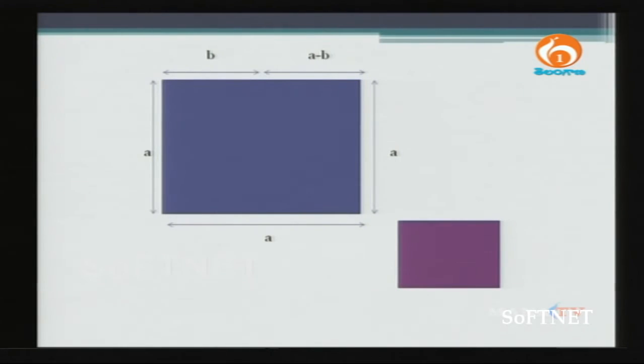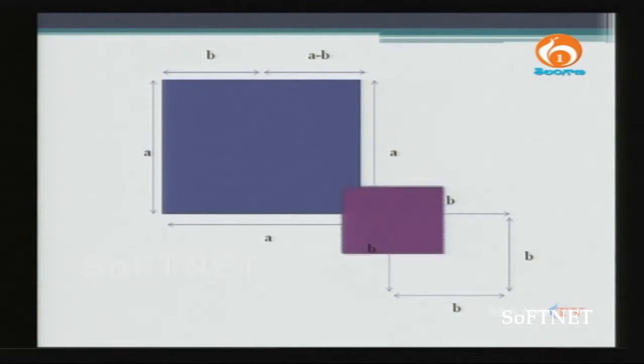But I am using this concept, that is I am putting this square, which has b square units area, at one of the corners, of course the left corner. Okay. Now see the remaining area. The total area of the square is a square.